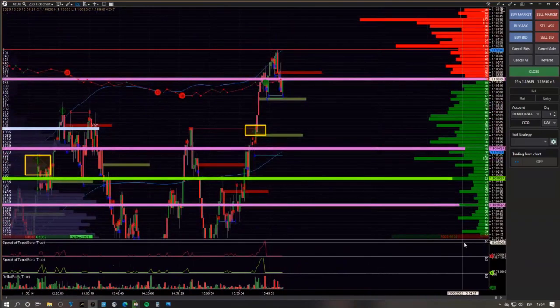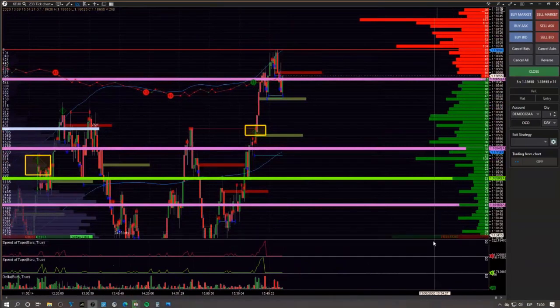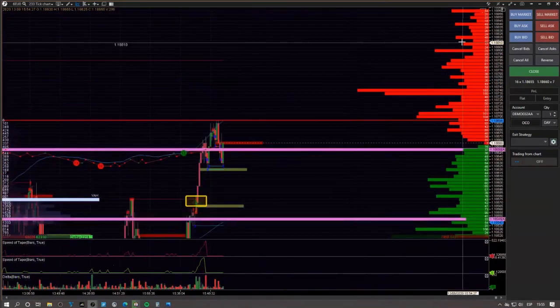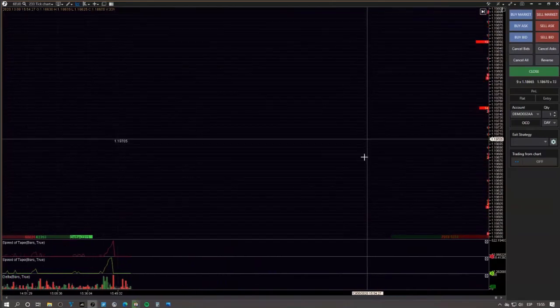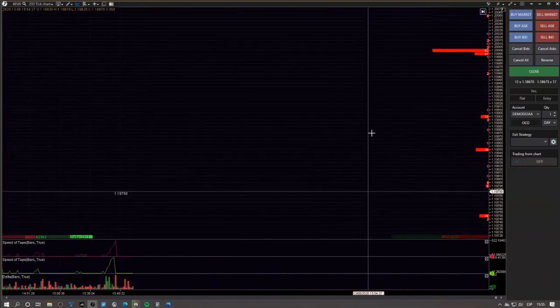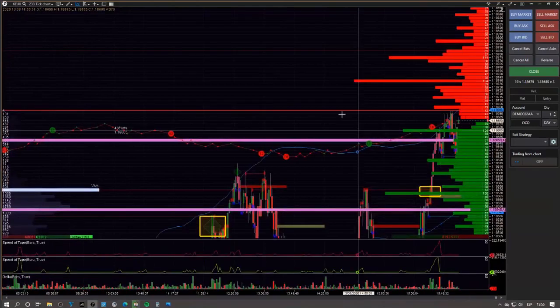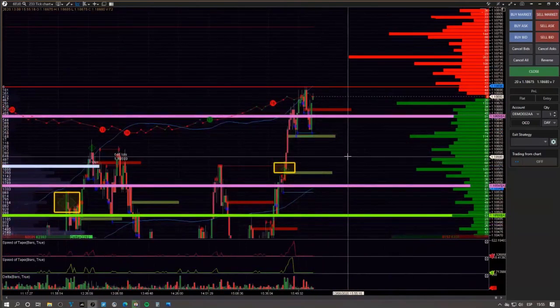We can also see that the liquidity is bigger on the selling side, on the top, which allows the price to move higher. We can see all the liquidity all the way up, and that only shows us that the intention of the market today is to move higher.